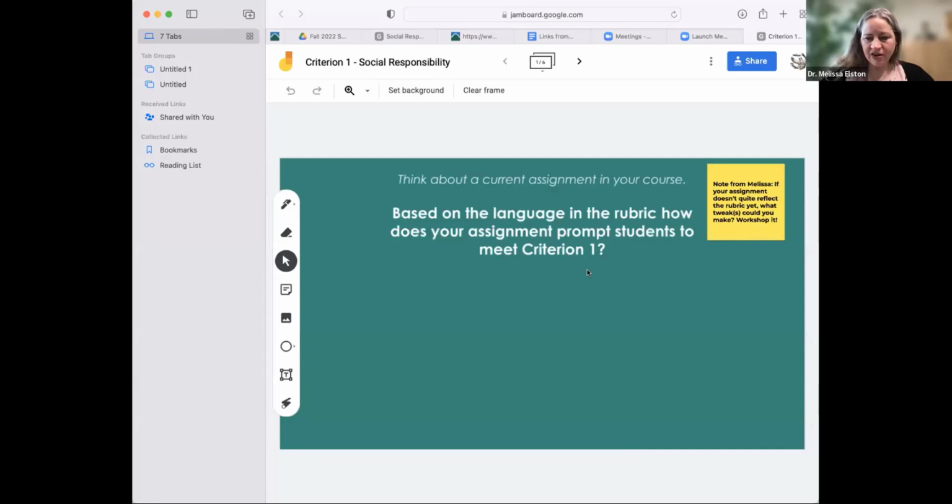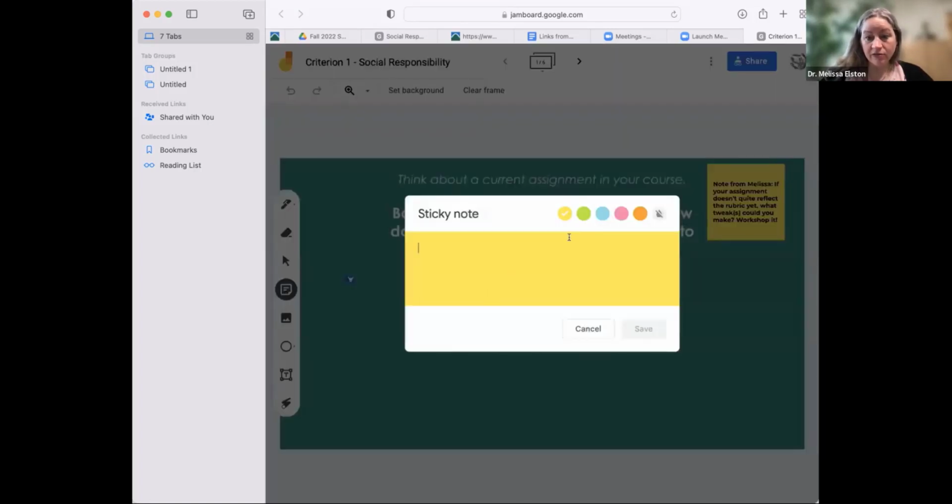I'm going to share my screen real quick so you can see what that looks like. Can everybody see my mouse moving around? I see it. Okay, awesome. If you go right here and click, it'll give you a sticky note.